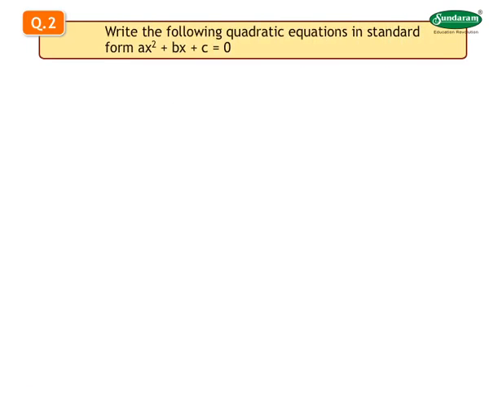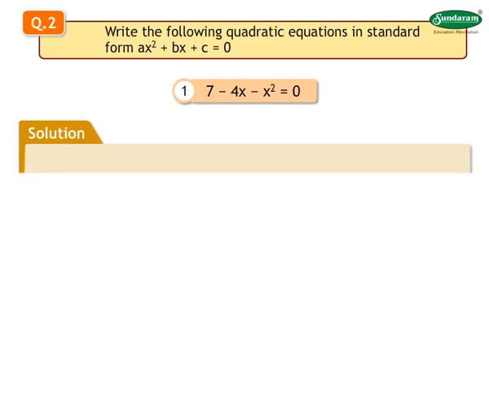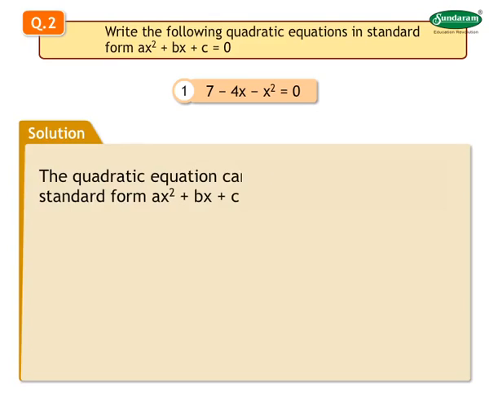Question 2. Write the following quadratic equations in standard form: ax square plus bx plus c is equal to 0. Number 1. 7 minus 4x minus x square is equal to 0. Solution. The quadratic equation can be written as follows in standard form: ax square plus bx plus c is equal to 0.